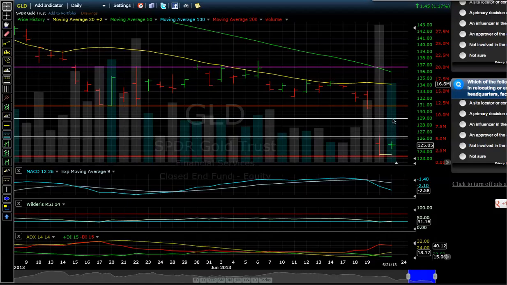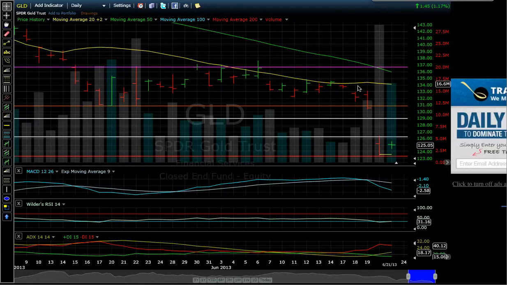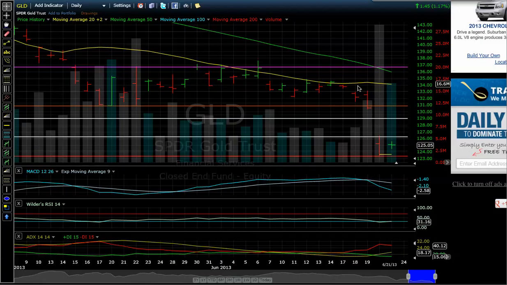And again, my thought is that this stock will fill in its gap within about a month. So I'm giving it almost 28 trading days, because the way I trade is through options.